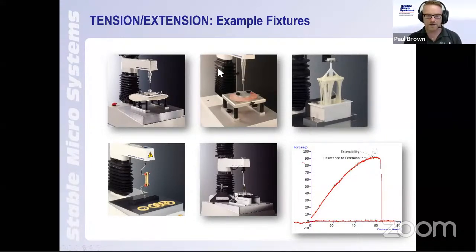We do have one very odd test, which, although it's in tension and extension, is actually in a compression method, and it's for flatbreads where we push through the flatbread using a ball probe. It's giving us a bidirectional tensile test. And a very specific test, things like the Kiefer dough extensibility rig, looking at the extensibility of doughs, developed to look very specifically at doughs and a very quick way of looking at dough.